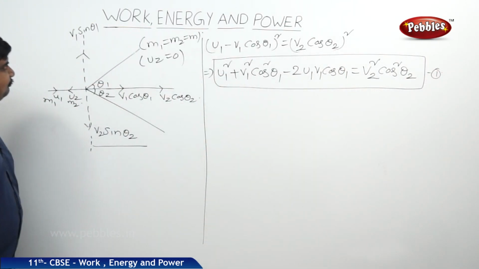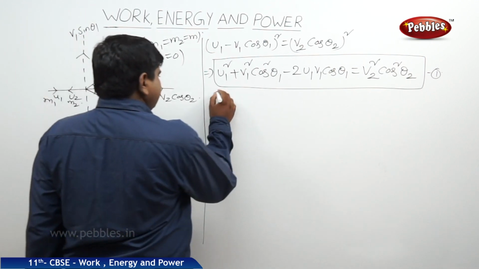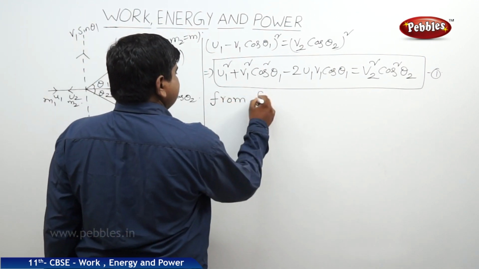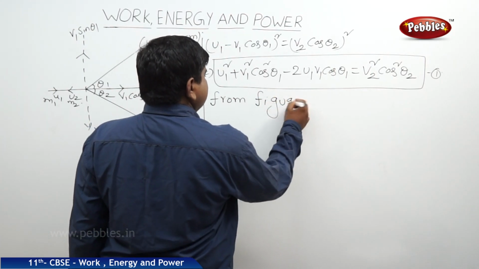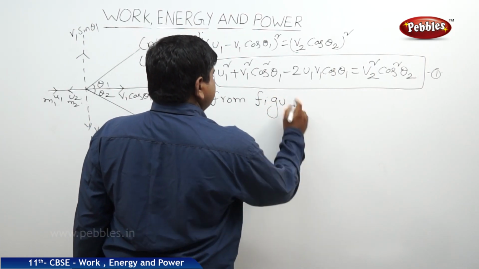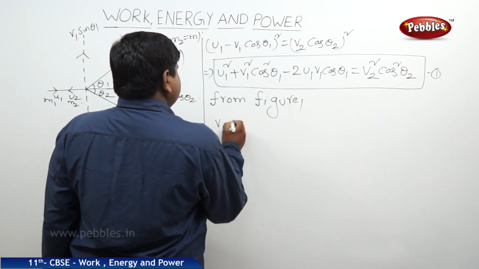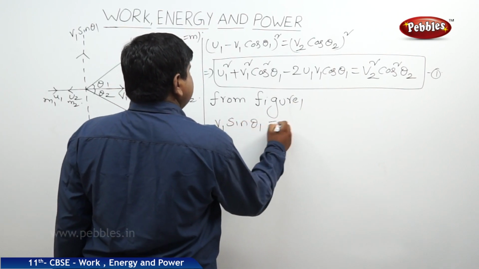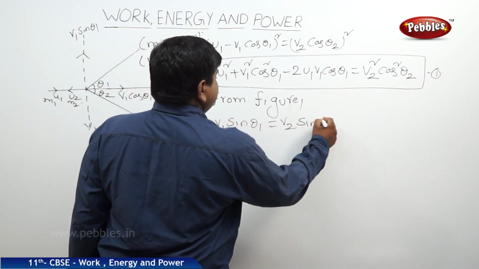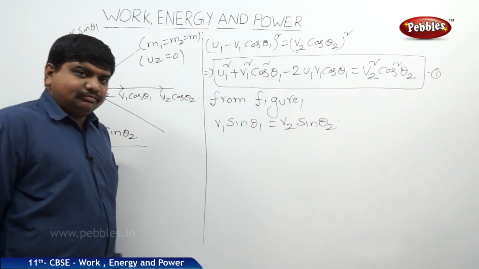If you see the diagram, v1 sin theta 1 is equal to v2 sin theta 2. So from figure, v1 sin theta 1 is equal to v2 sin theta 2.